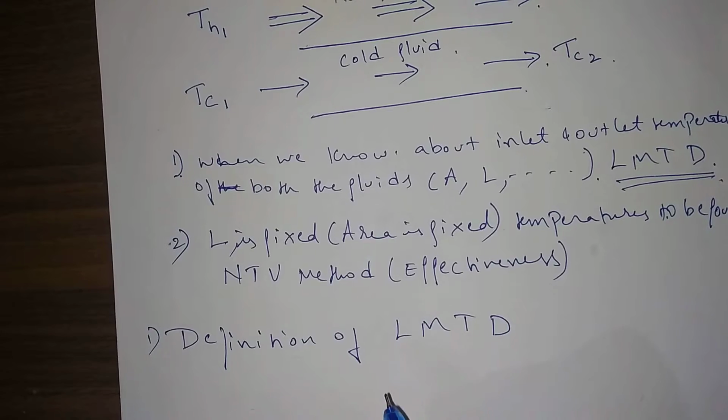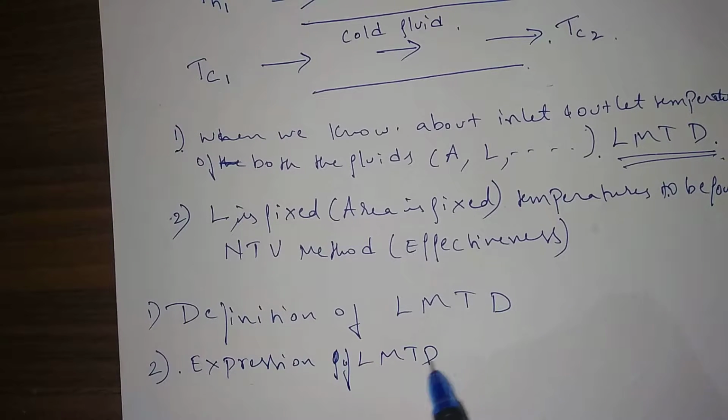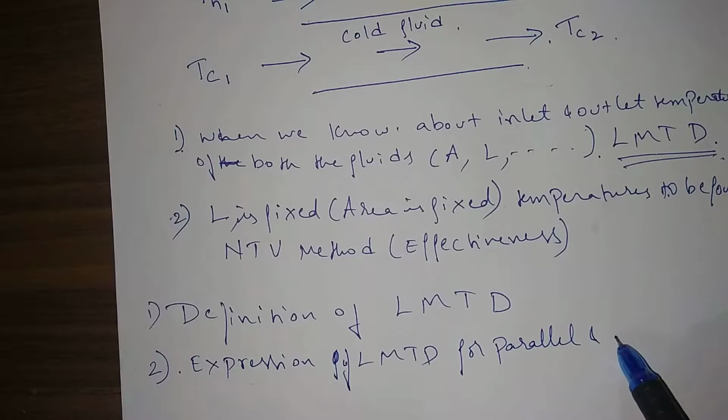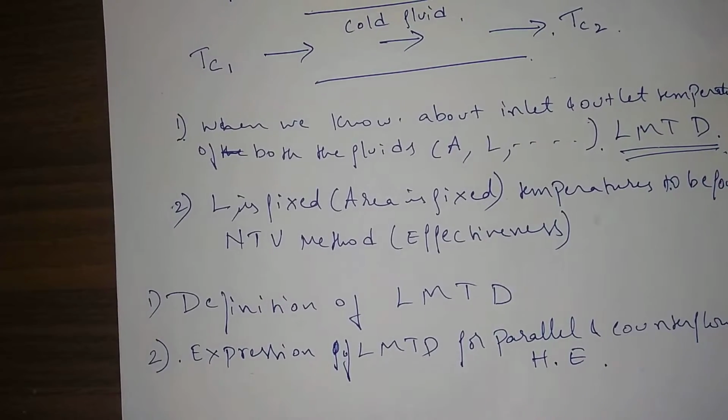First, we need to define what is LMTD, and second, we have to find the derivation or expression of LMTD for parallel and counterflow heat exchanger. So this is our goal as far as LMTD is concerned.